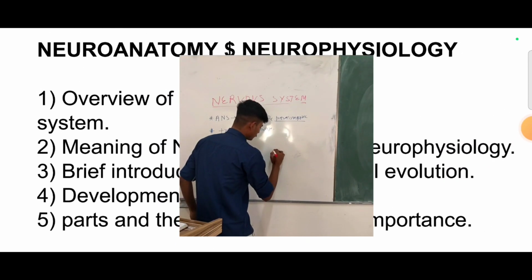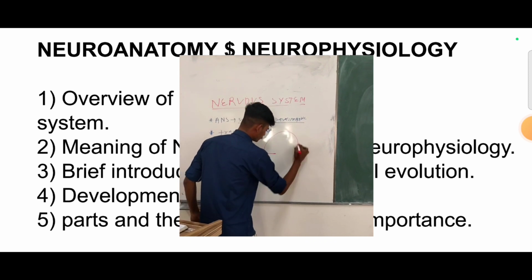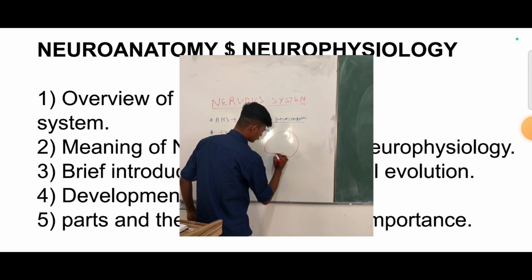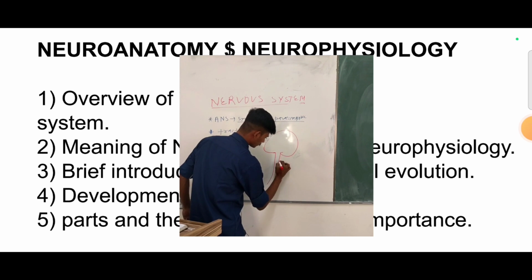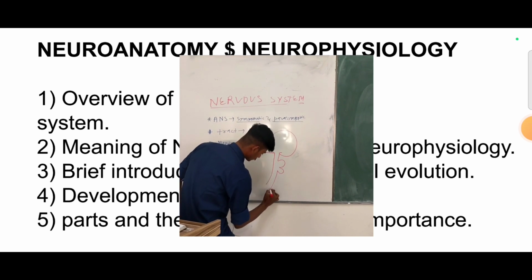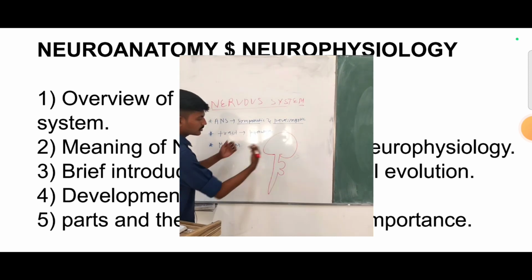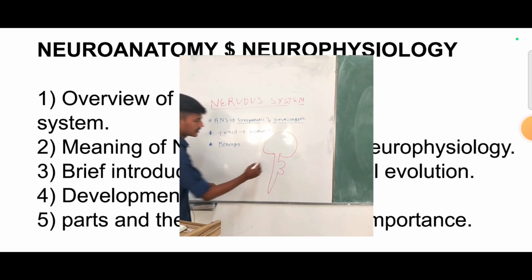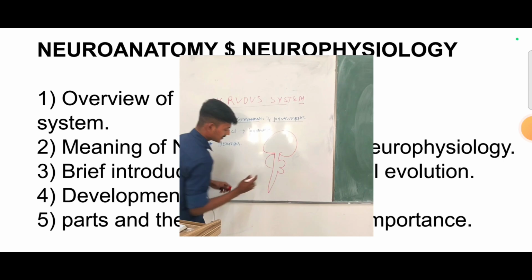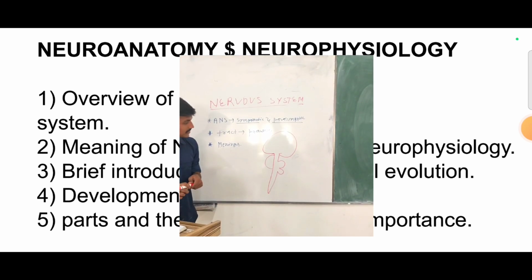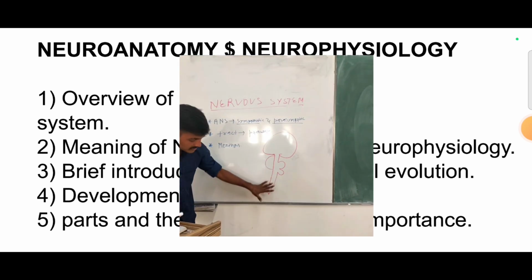So see the diagram. See, this is one typical structure of our central nervous system. Without the cerebrum it's not complete, so it's a cerebrum. This is the central nervous system.